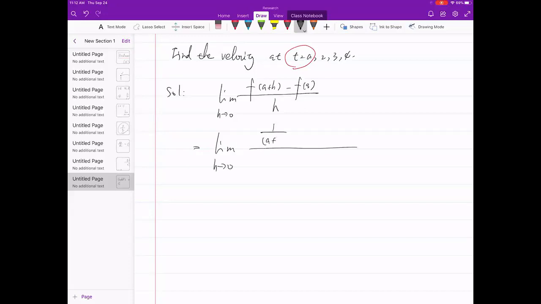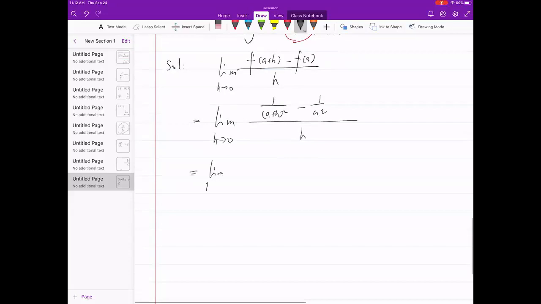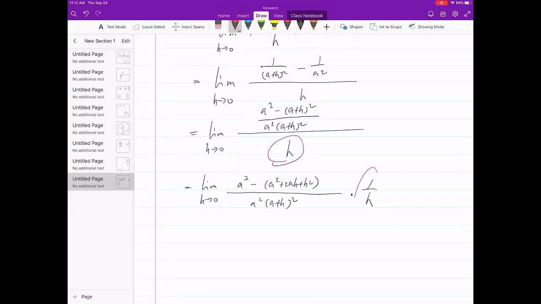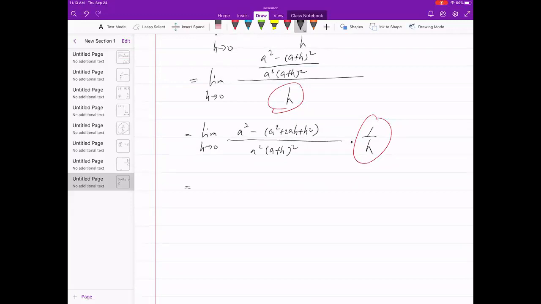1 over (a plus h) squared minus 1 over a squared, over h. Common denominator. a squared minus (a squared plus 2ah plus h squared), divided by a squared times (a plus h) squared, times 1 over h, which is the same as dividing by h, equals, they cancel.